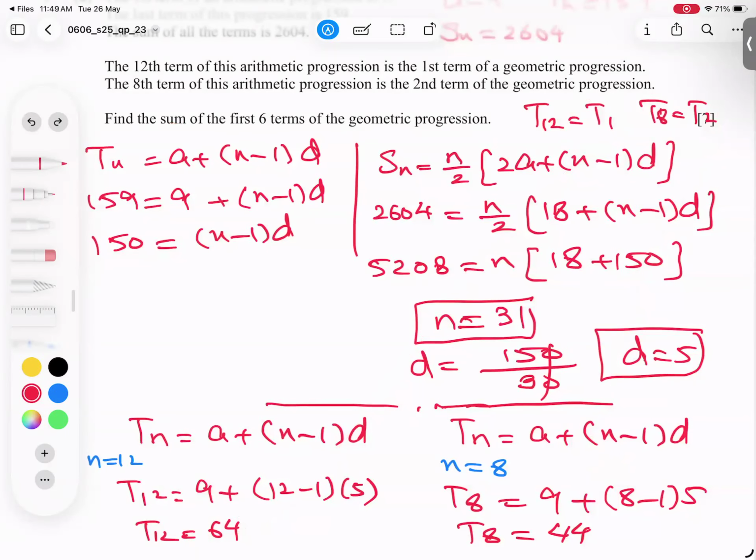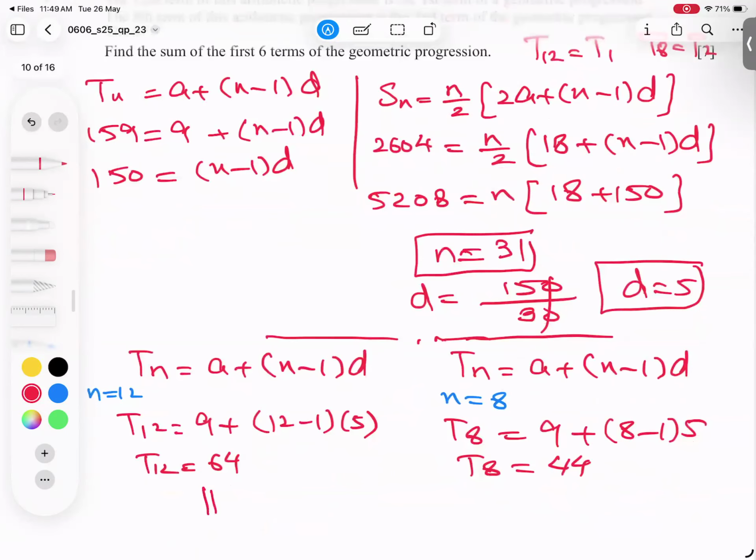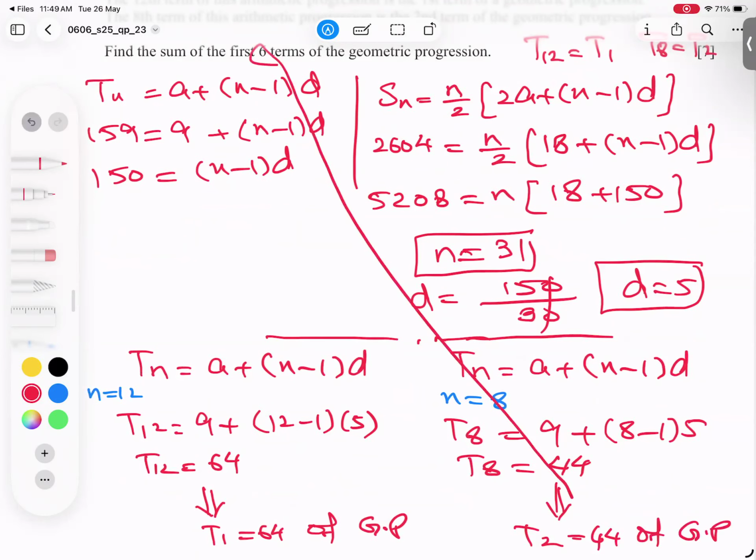So not a hard job. This is the first term of the GP, and this is the second term of the GP, and I'm looking for the sum of 6 terms.